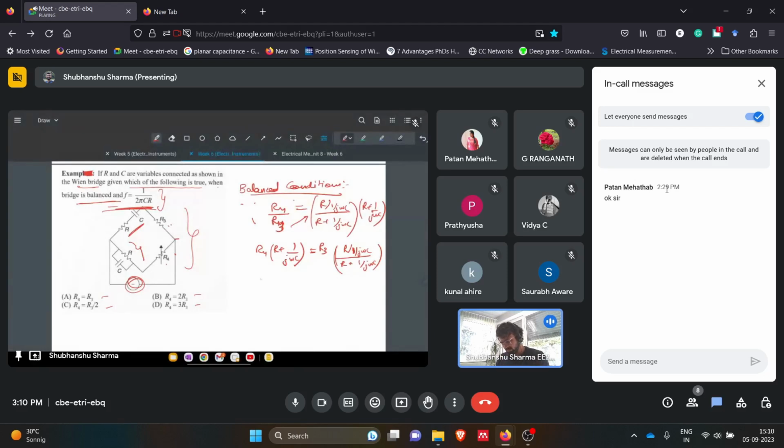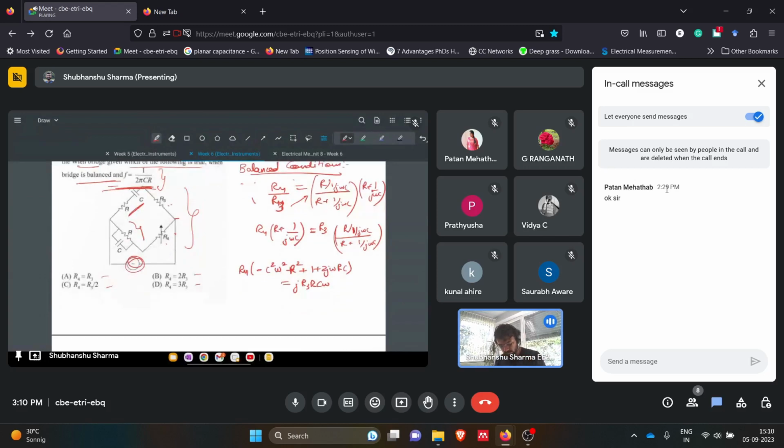I will write the full equation for you. This will be C square omega square R square plus 1 plus 2 j omega RC, which equals j R3 RC. You can check on your own whether this was correct, but I think this is fine.